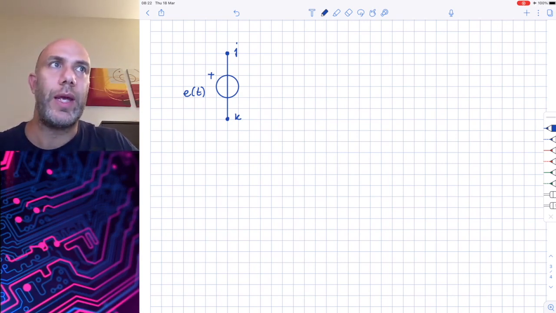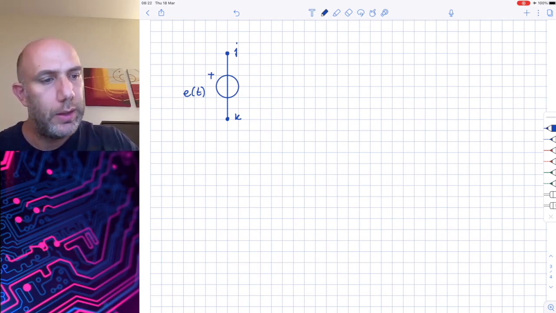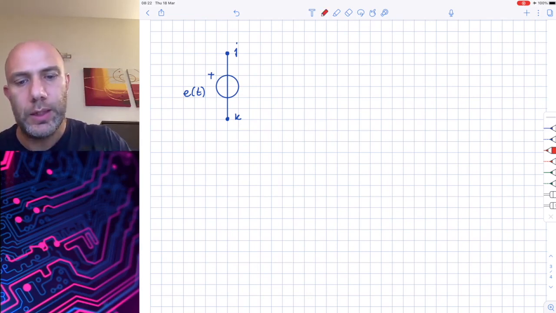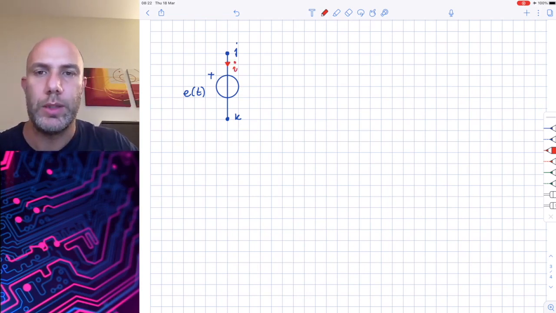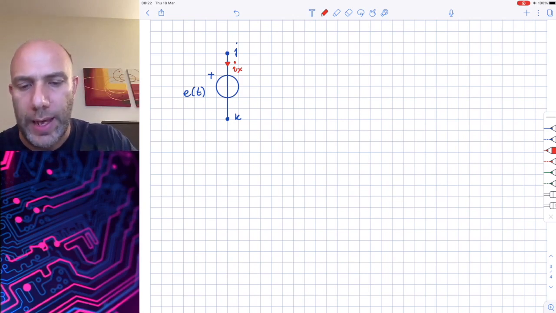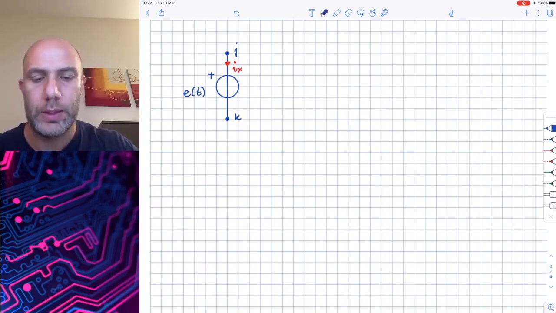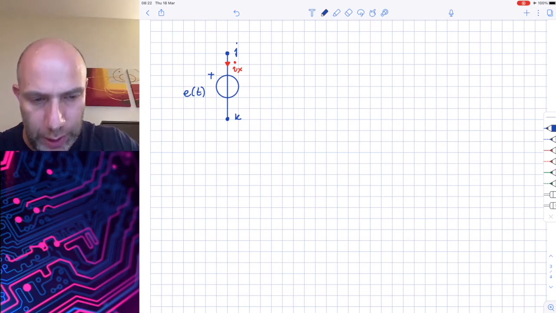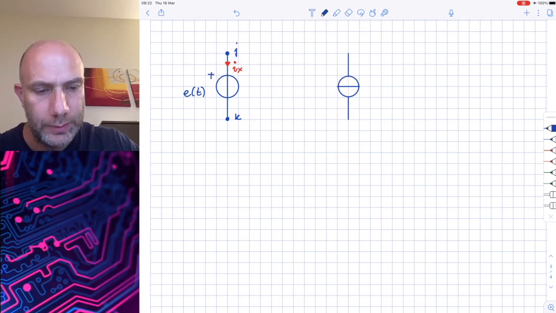The consideration that we can do in this case is the following. This generator is also supplying a specific current to the circuit. Let's call this current Ix, because this current is unknown. Now, what we can do is to transform this voltage generator into a current generator, a fictitious current generator, where the current is exactly Ix.